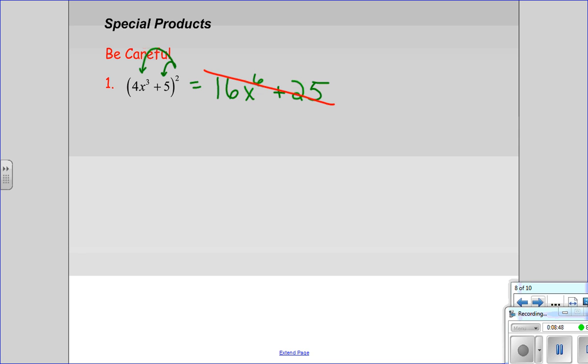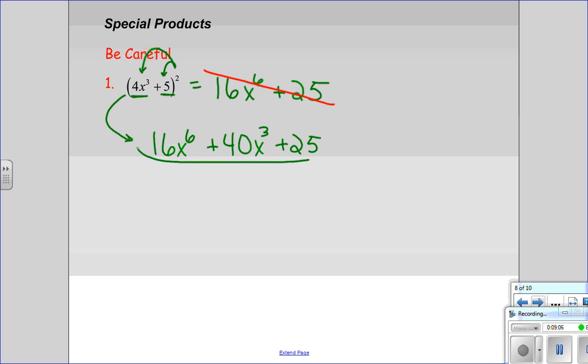Because our special product rule says that the real outcome of this should be 16x to the 6th, and then you multiply the first and last together and then double it, so you should get plus 40x to the 3rd plus 25. When we simply distribute this 2 to the binomial, our outcome is missing the middle term. So make sure that when you're squaring binomials, you do not make this mistake.